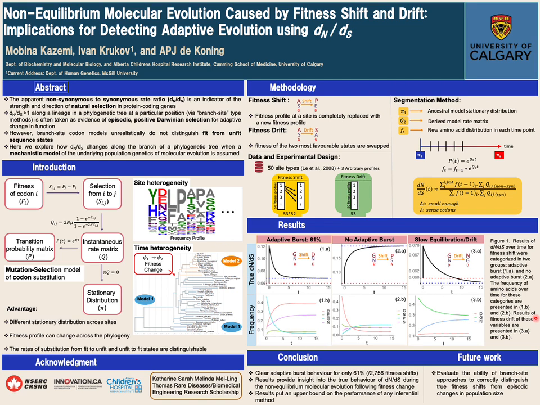The results of fitness shift were categorized in two different groups, those that experience adaptive bursts and those without. These different behaviors depend on the ancestral and derived fitness profiles as well as the different pathways between codon states.